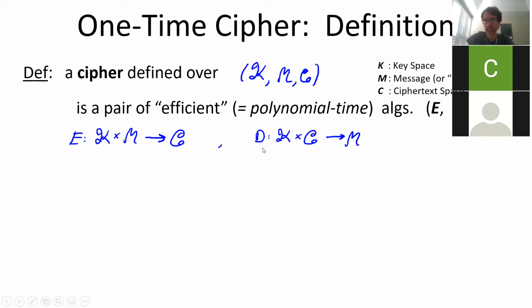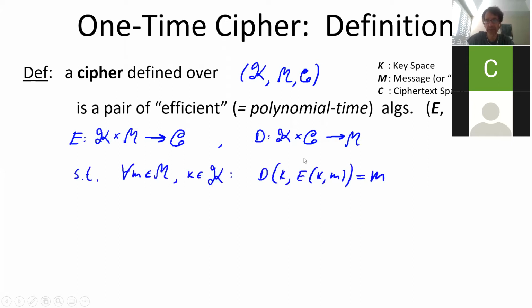Decryption is a kind of inverse function. It takes a key and a ciphertext and outputs some element in the plaintext space.